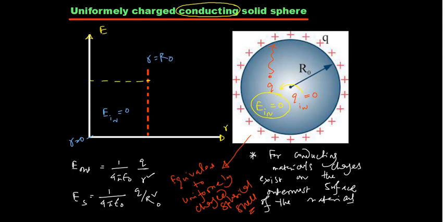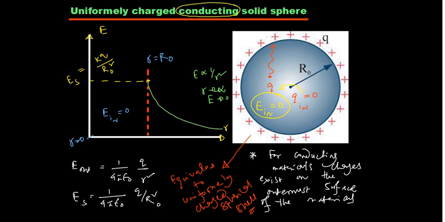And what is the magnitude? This magnitude, E at the surface, is equal to KQ by R naught square, and as we move away, E is proportional to 1 by r square. As r tends to infinity, E tends to 0. So the field will slowly die out like this.